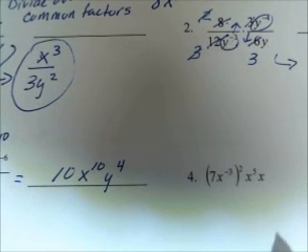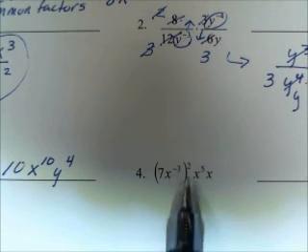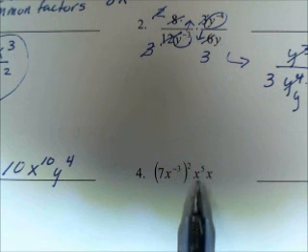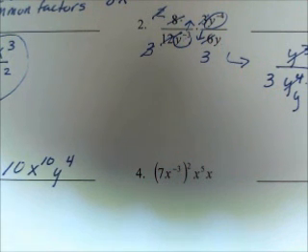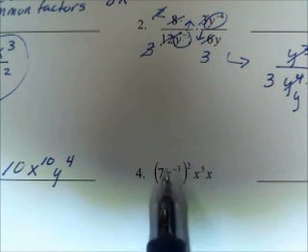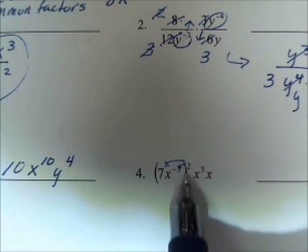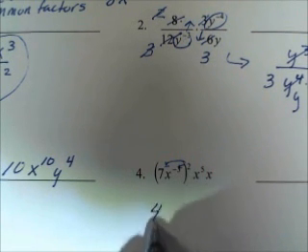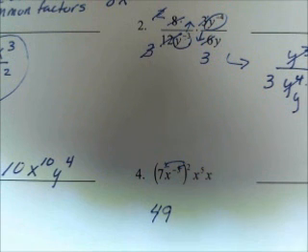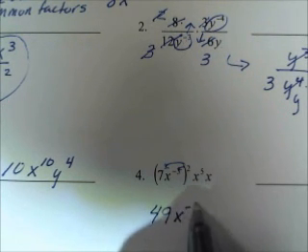Last example here on the bottom of page 2. We have 7x to the negative 3 raised to the second times x to the fifth times x. Well, let's just distribute this. 7 raised to the second would be 49. x to the negative 3 raised to the second would be x to the negative 6.